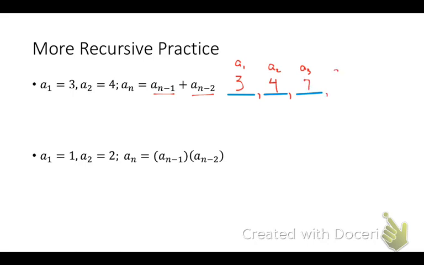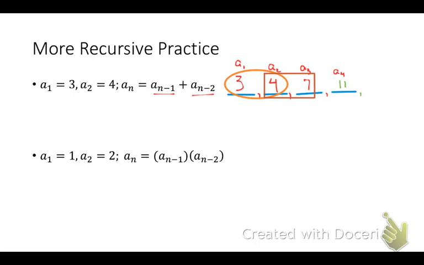To find a sub 4, for the 7 I took those 2 numbers and added them together. For the next blank, I'm going to take the 4 and the 7 and add those together, and I'm going to get 11.